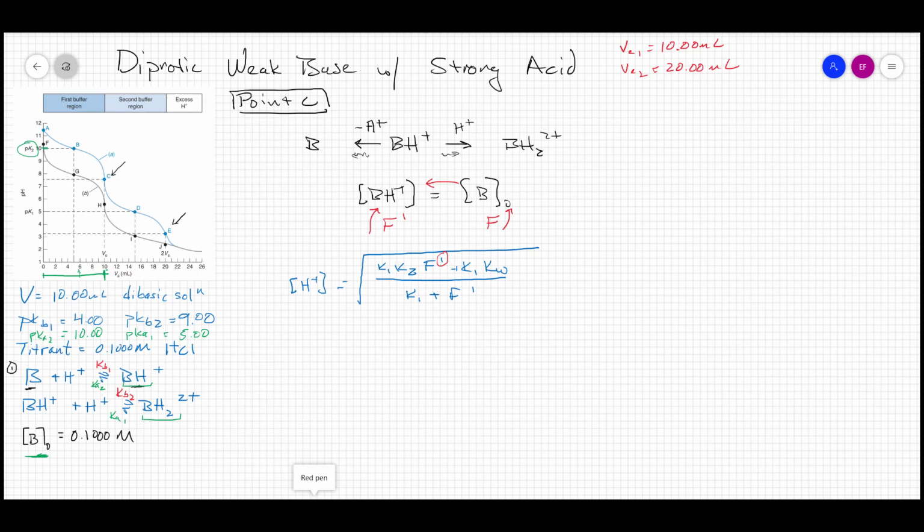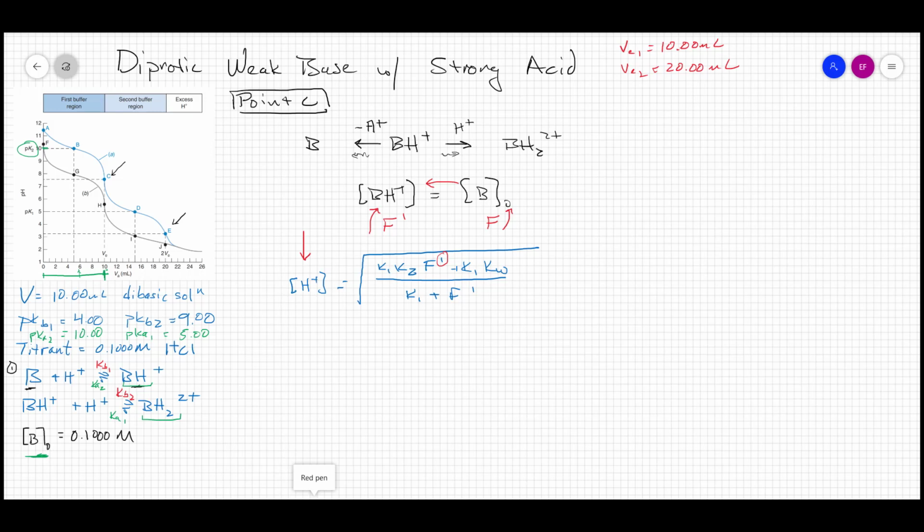So we could plug it in and compute this explicitly, but the approximation that we said was reasonably sound in this case is that if pKb1 and pKb2, if those two pKs are reasonably spaced, meaning they're roughly 10 to the third or more spaced apart, in this case they're 10 to the fifth, then this systematic or explicit treatment here isn't really necessary, though you can use this, and I'll always give you this equation.